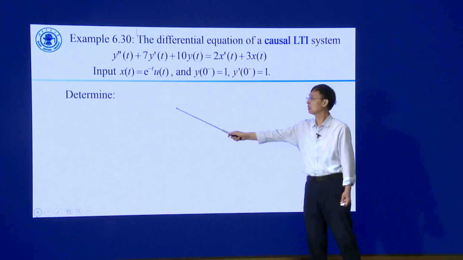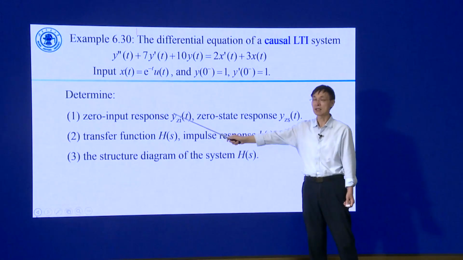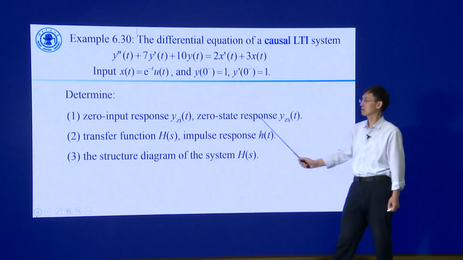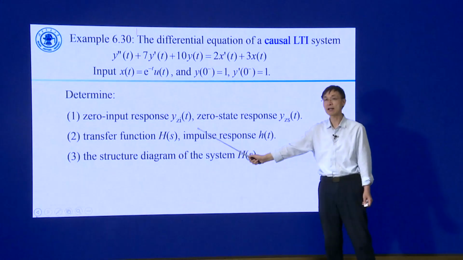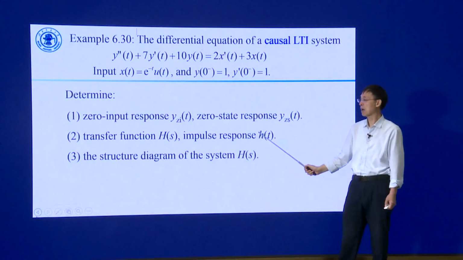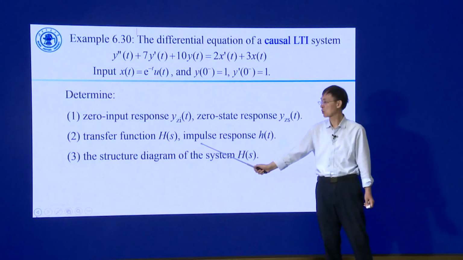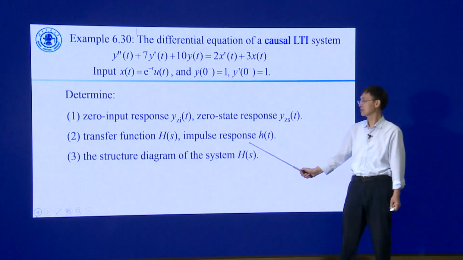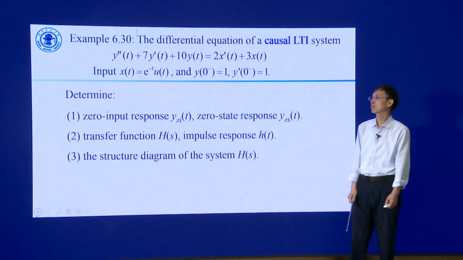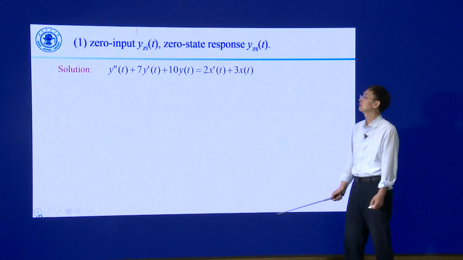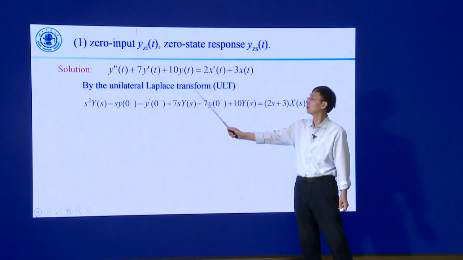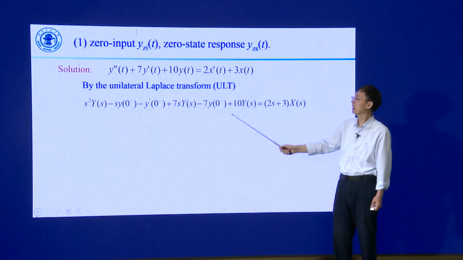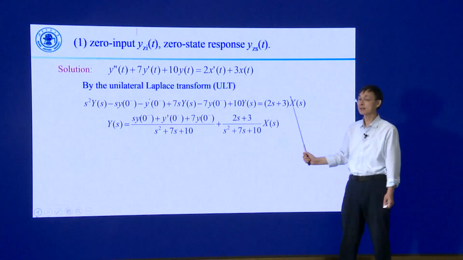We need to determine the zero input response and zero state response, transfer function, impulse response, and the structure diagram for this system. First, by unilateral Laplace transform, we can get the equation in S domain.